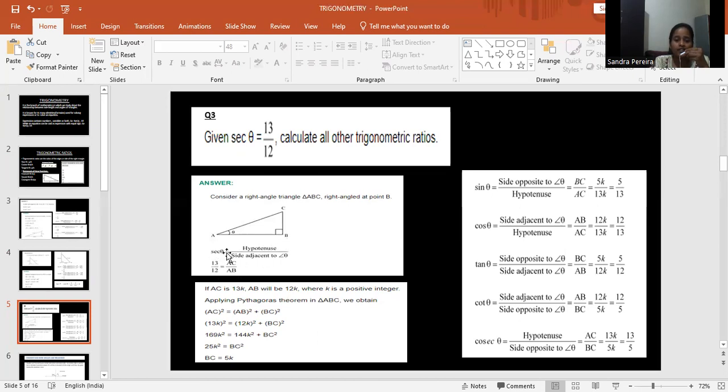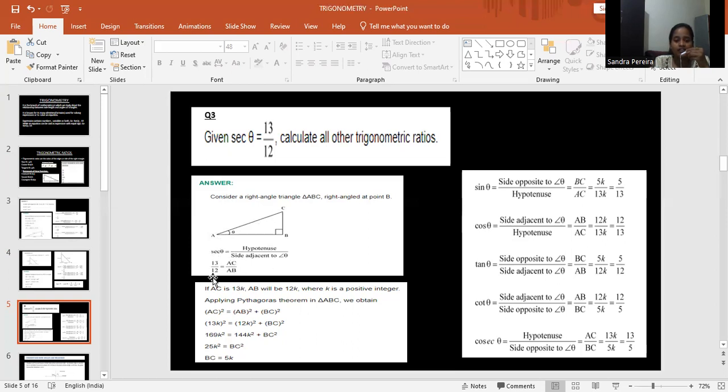Now sec of angle theta: we know the formula, sec of angle theta is hypotenuse by the side adjacent to theta. Here hypotenuse is AC and the adjacent side is AB.